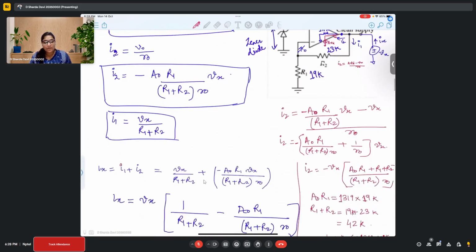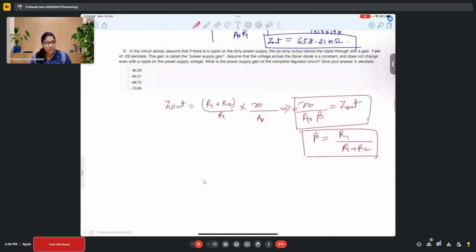Similarly, it also reduces your output resistance, which is one of the requirements for an amplifier. If it is a voltage amplifier, you definitely want your output resistance to reduce, and that is obtained by using negative feedback. This is one of the advantages of negative feedback.